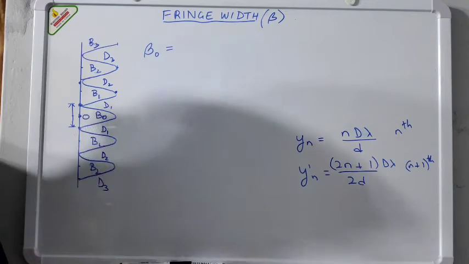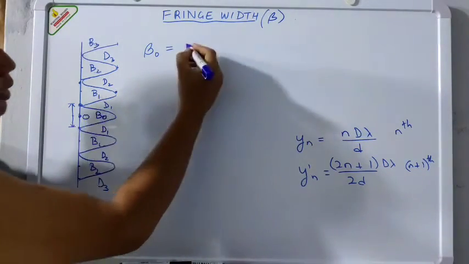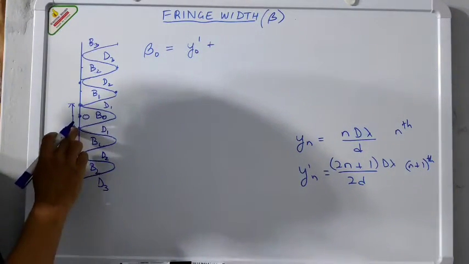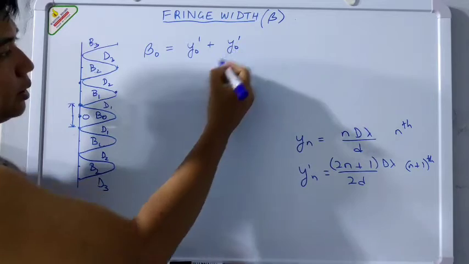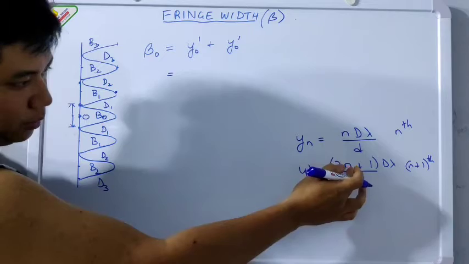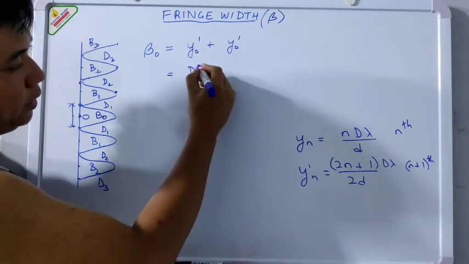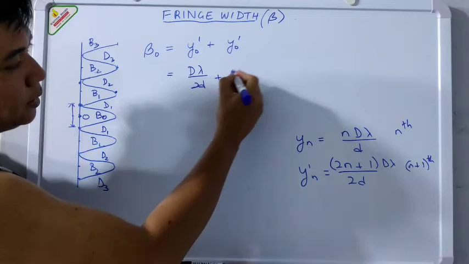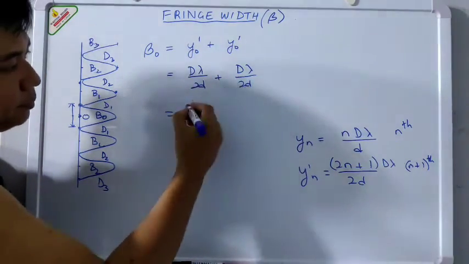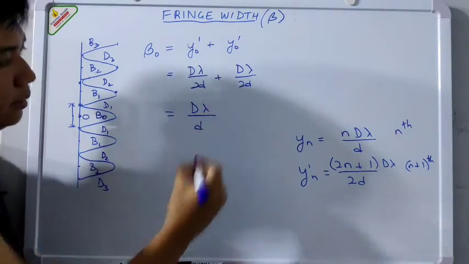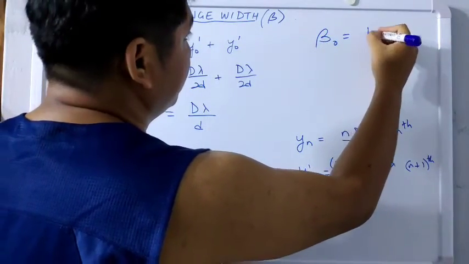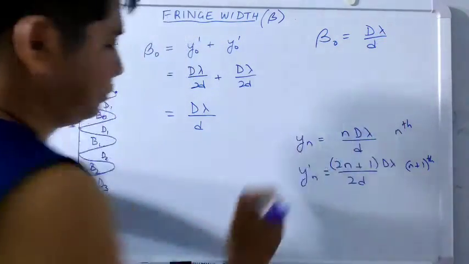The distance of D1 from O is y dash 0, and this D1 is also y dash 0. It will be D lambda by 2d plus D lambda by 2d. Adding this, we have D lambda by d. This is the width of the central bright fringe. Beta naught equals D lambda by d.